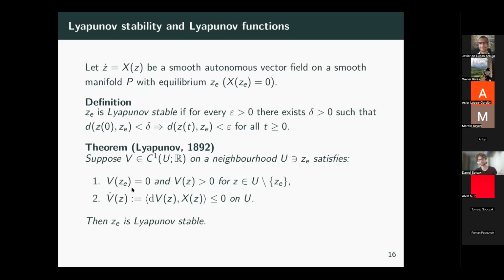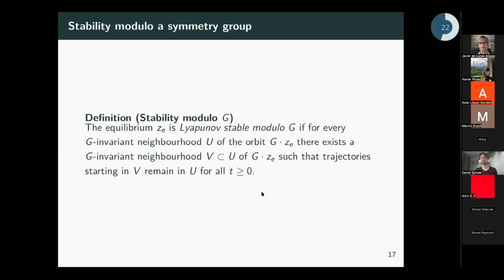That is, it vanishes at this equilibrium, is greater than zero in the neighborhood of the equilibrium, and the first derivative, given by this contraction, which you can also write as a dual pairing, is less than 0 on the neighborhood.